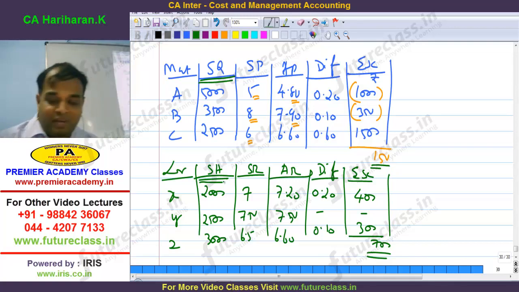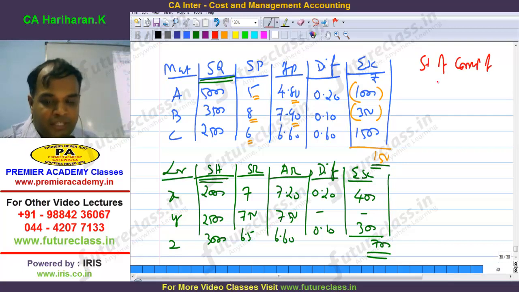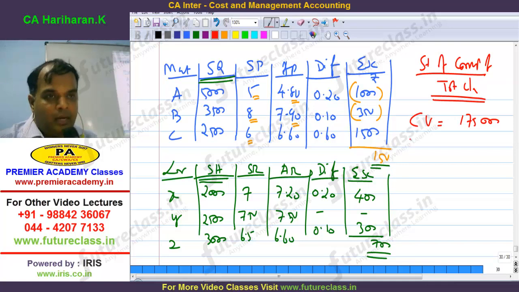What is the next one? We have to conclude statement of computation of escalation claim, or total claim. Okay? How much you have to claim? Contract value 175,000. Original plus increase because of escalation claim.